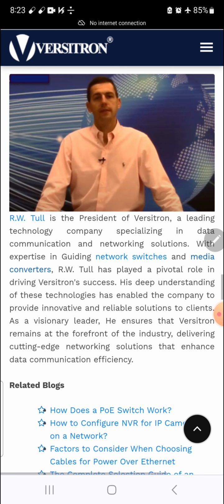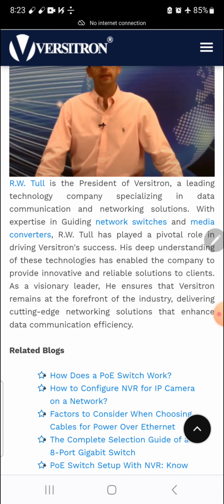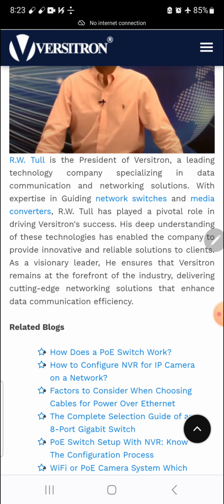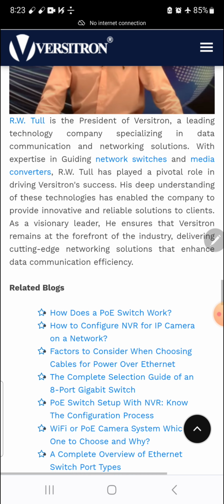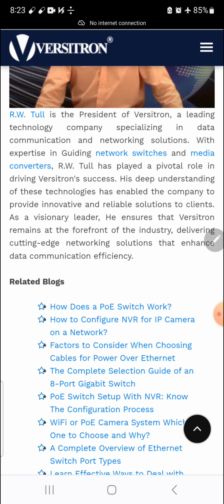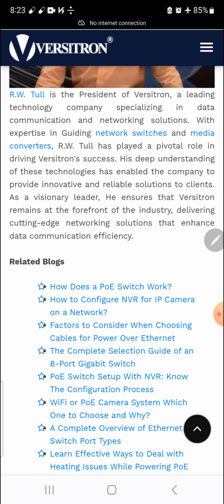RW Tool is the president of Veritron, a leading technology company specializing in data communication and networking solutions, with expertise in networking switches and media converters. RW Tool has played a pivotal role in driving Veritron's success.